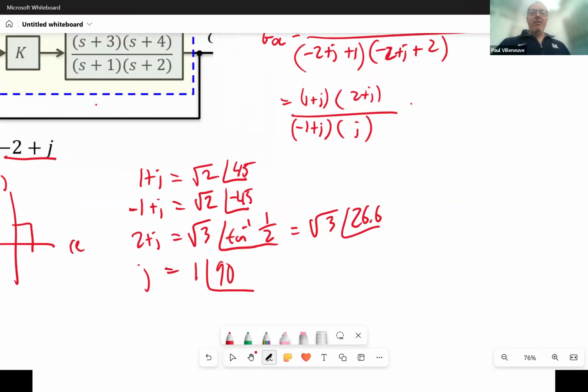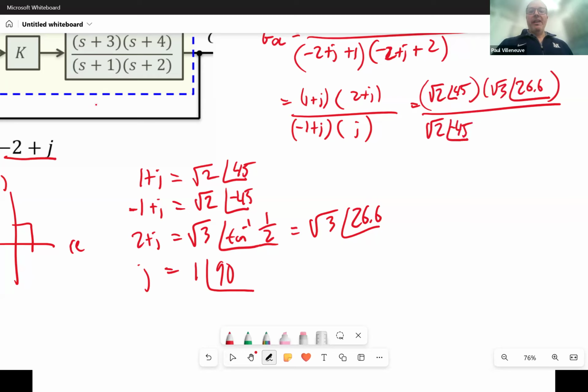So now I get square root of 2 at an angle of 45, multiply by square root of 3 at an angle of 26.6, divided by square root of 2 at an angle of -45, and then that multiplies by 1 at 90.